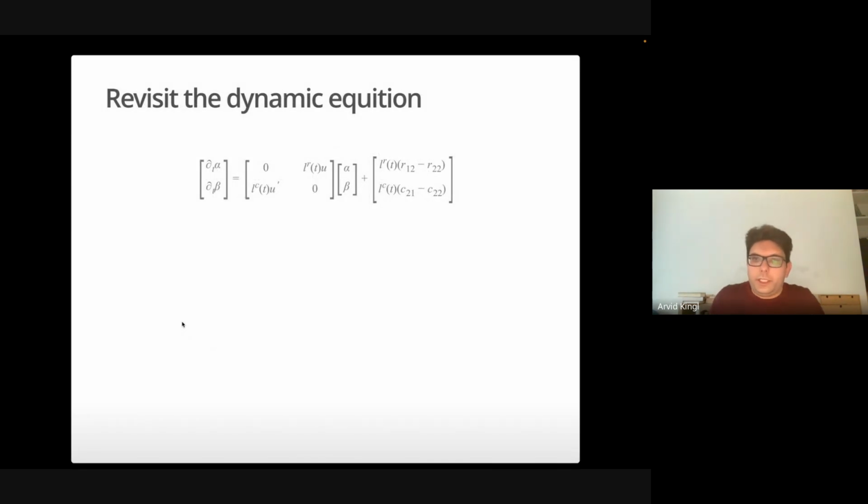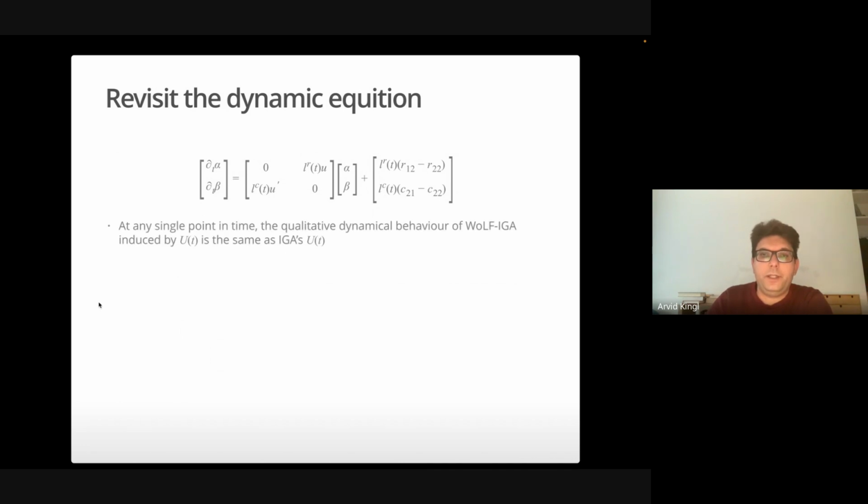How does it change our dynamics? Well, we just put it back in. We see that the overall structure has not really changed. If we plug it in at any point in time, where each player is either winning or losing, we can see that, provided these are constant for a moment, the overall behavior is still determined by this u prime, which is essentially the game parameters.